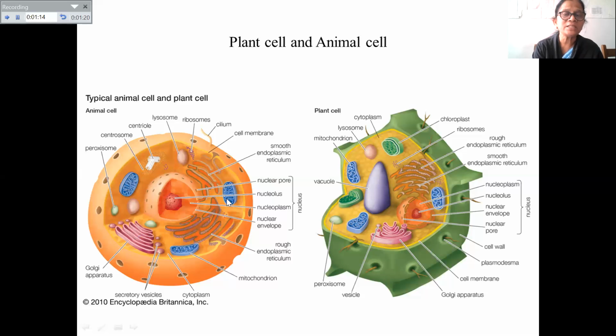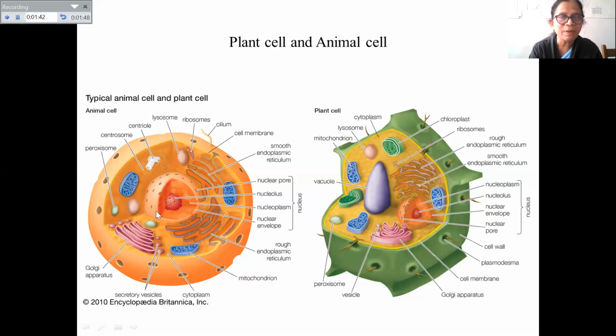But this type of plastid is absent in animal cell. So this is the difference between plant cell and animal cell: plastids are present in plant cell, but plastids are absent in animal cell. These are some basic differences between plant cell and animal cell.